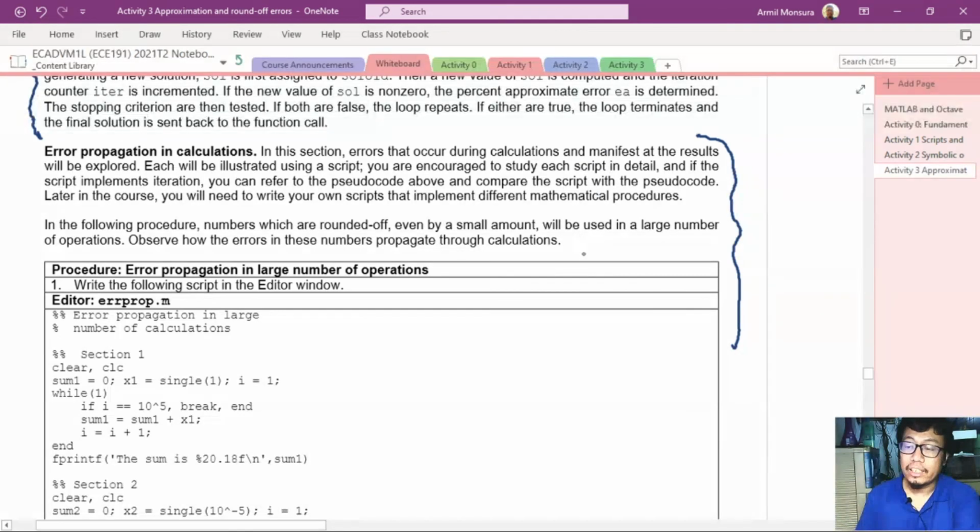Okay, and again, at this point, you would not really be writing scripts. They would be given to you.